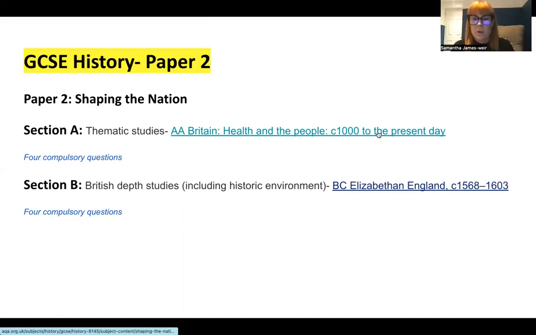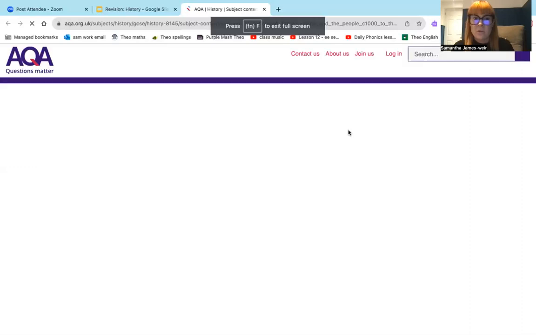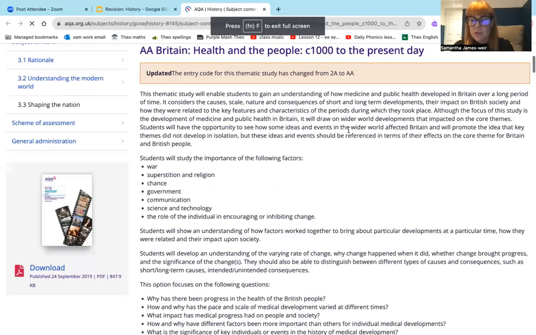Okay. I've hyperlinked some of these for you. So if you click onto the option, each option will come up. So you can see it on the AQA website and the area of the spec that it relates to. So in here you can see exactly what it is and the content they need to know.